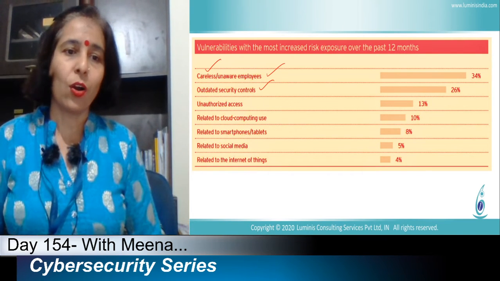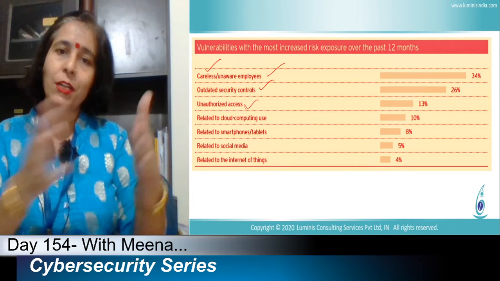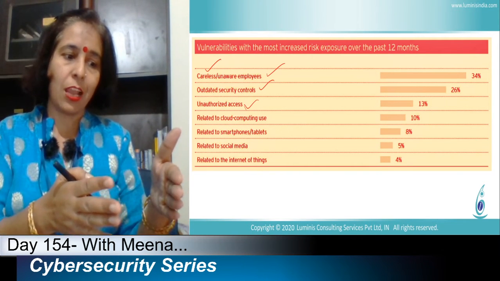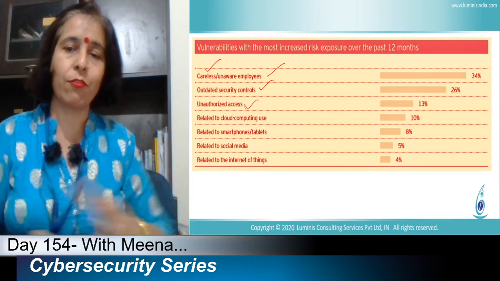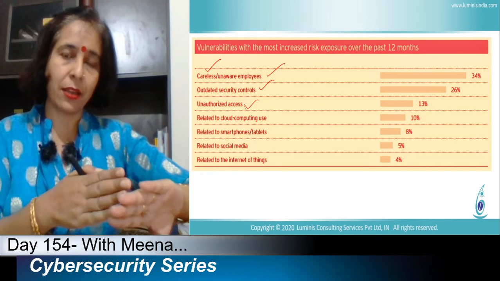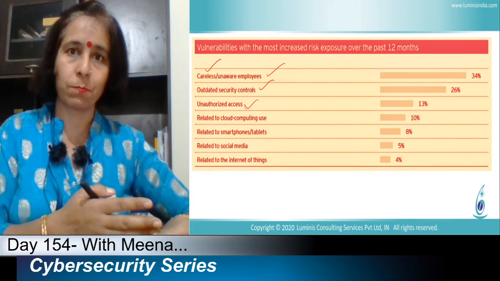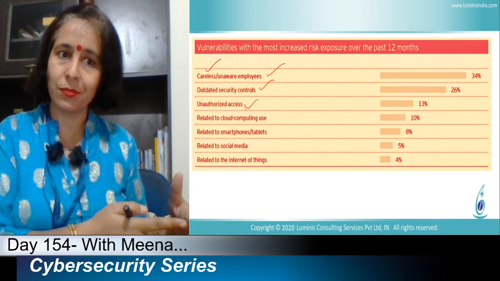Or unauthorized access to the particular network. If we have some very valuable information and we are not restricting access to the right kind of users, an unauthorized user will come and get access to it.